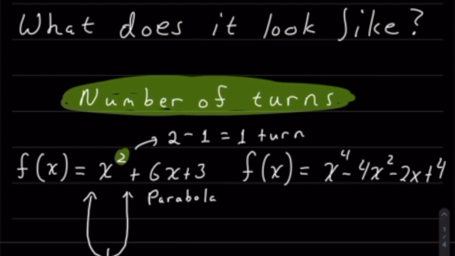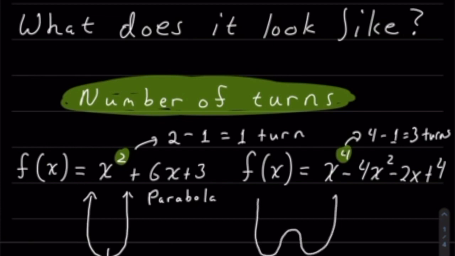But the number of turns is going to be different, because here we have 4 as the highest exponent minus 1 equals 3 turns. So let's start here, go down, 1, 2, and 3. There, I've done it. 3 turns, both ends facing up because it's positive.